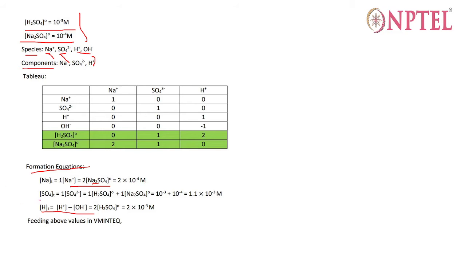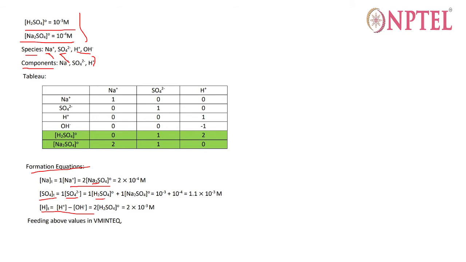In case of SO4, what will I get? I will get 1 SO4 2 minus, and this will be equal to nothing else, because everything is getting dissociated completely. That's our assumption, right? So there will be no other form present here with H or Na or anything like that.